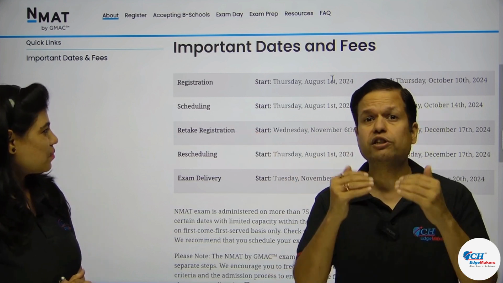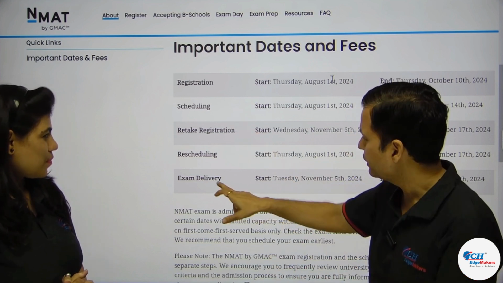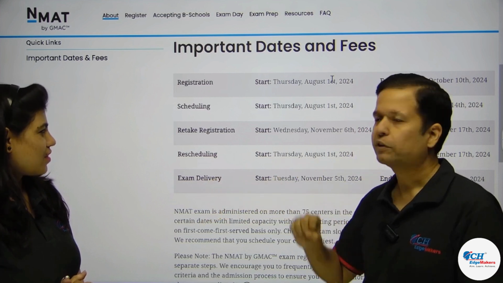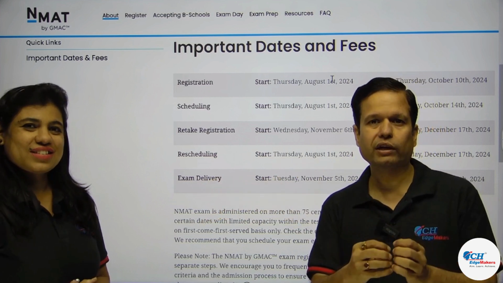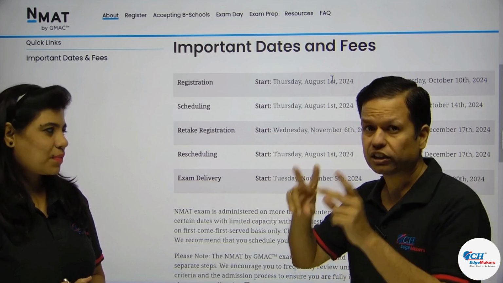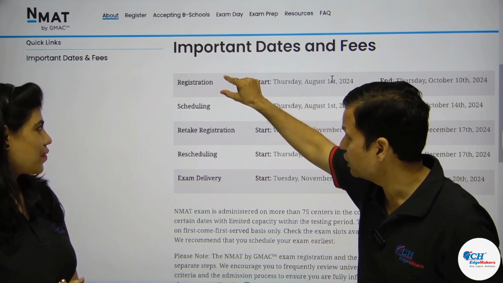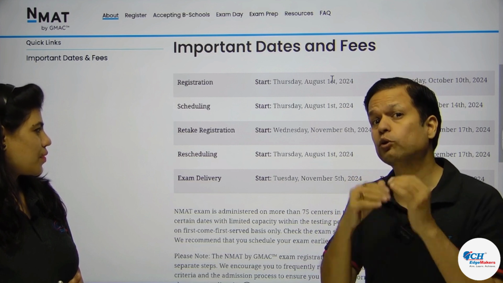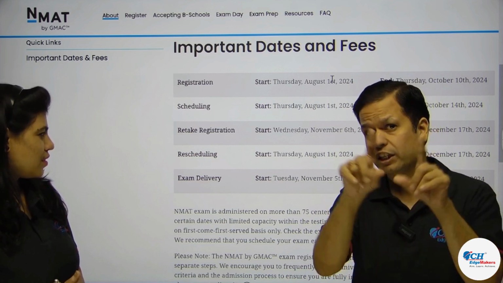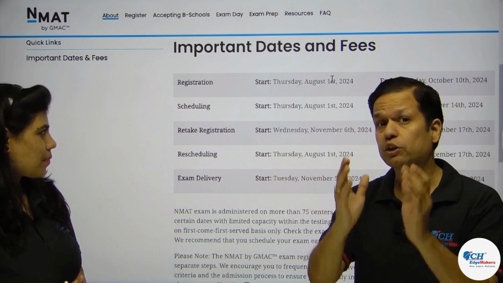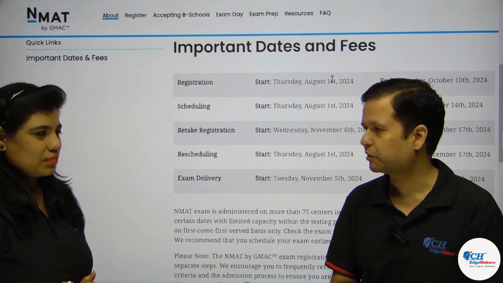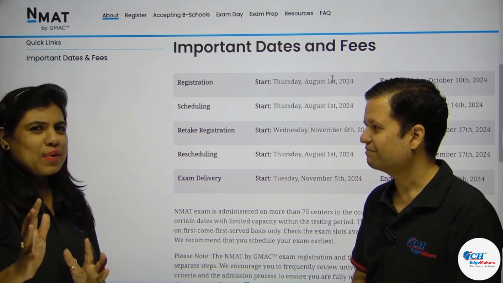Scheduling is actually scheduling for the exam. As you can see, there's something like exam delivery, that is, when you can take the exam. So it's a two-step process. Registration is a different process, and then you have to go back to your dashboard, and there you have to schedule the exam for when you wish to take it. Wonderful. I hope you are with us till now.